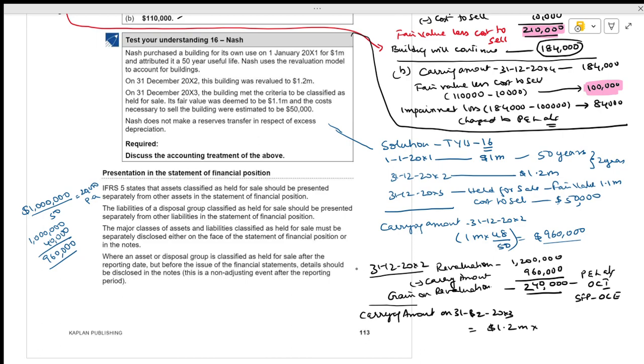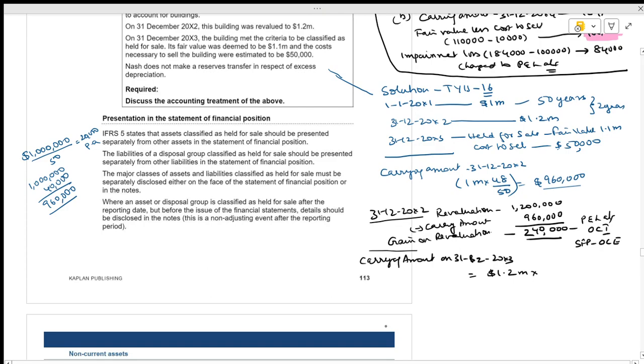Fine. 48 years are remaining. 1.2 divided by 48 years. Is it right? It comes to depreciation will be how much? Depreciation will be 25,000.